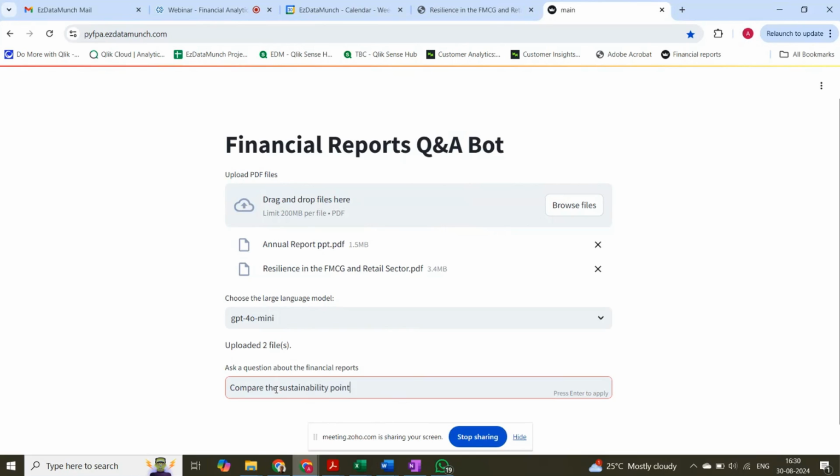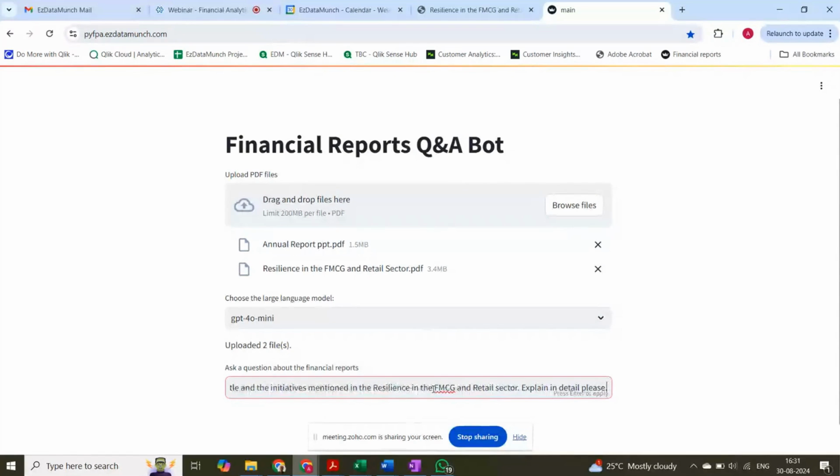So I want to compare the sustainability points between Nestle and the second document.